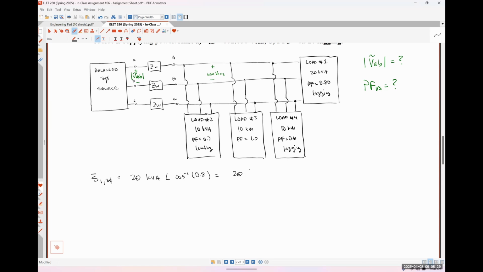So that'll be 20 angle 36.870 degrees kilovolt amperes, and I'm going to store that as X.